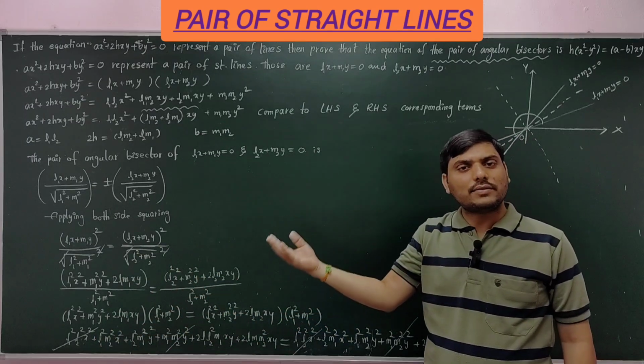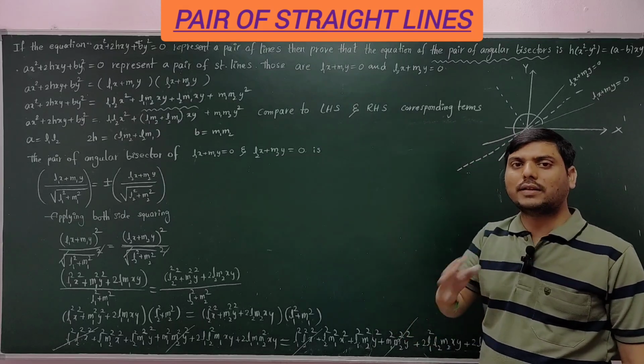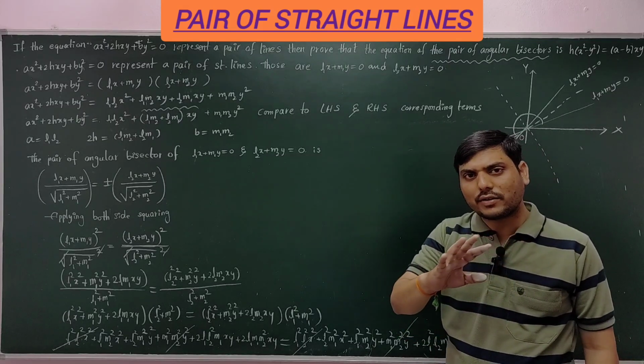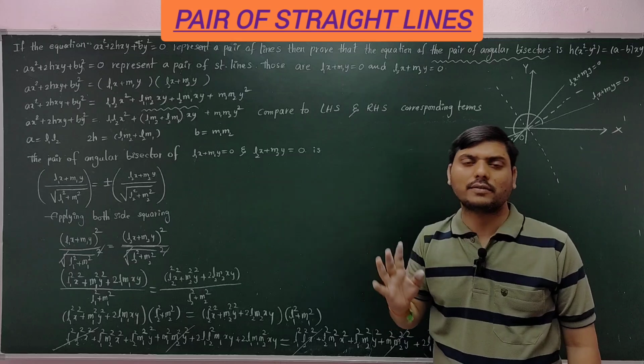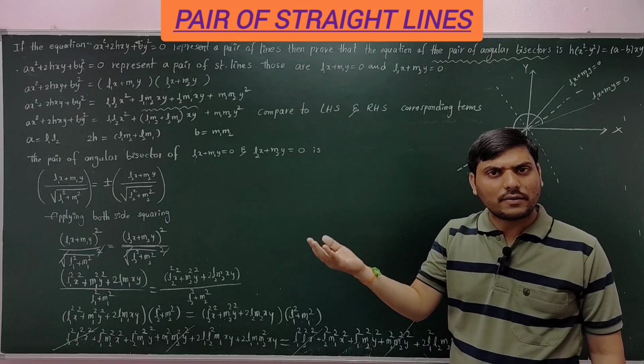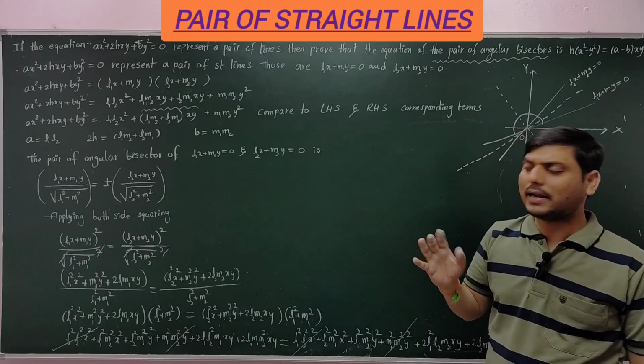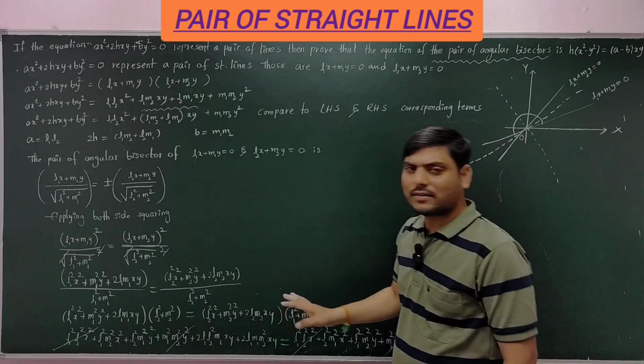Half of the terms are on the left side and half on the right side. So the x square, y square terms move from right to left, and the xy terms move from left to right, and their signs also change.